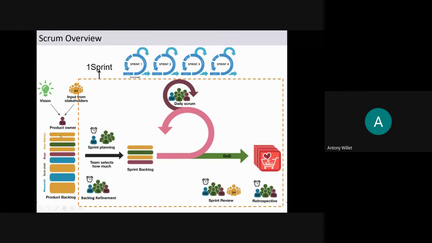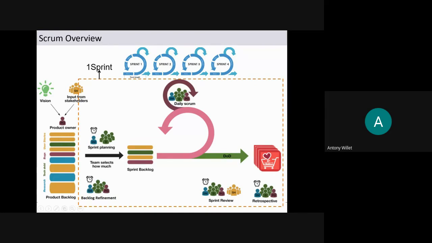Here we have the product backlog, and we have somebody called a product owner. One of the roles in Scrum is the product owner, and he has a clear vision of what the team is going to develop. He is the interface between the Scrum team and the customer.